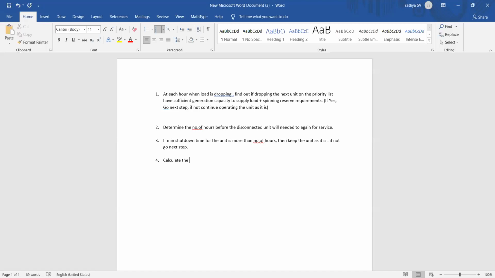That means hourly cost of the production for the number of hours with the unit which is in operation, and we need to recalculate the same for unit down and add in the startup cost for either cooling or whatever the service we are provided, and the unit which can compare with both the costs and decide whichever is optimum, nothing but less expensive or economical, then we can go for that option. Okay. So that means in order to compare that, we need to calculate the two costs.